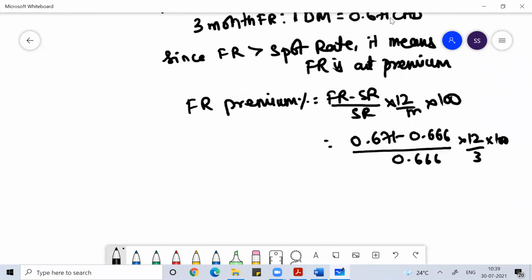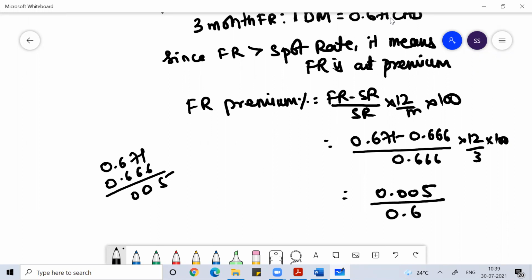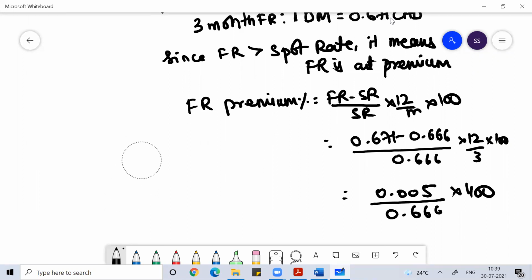So this is 0.005 by 0.666 into 400. You just need to find this value.